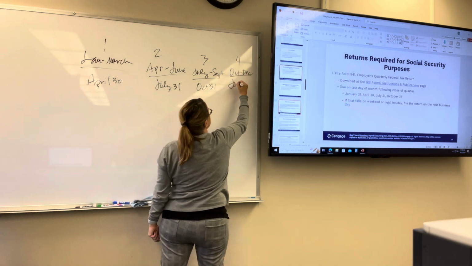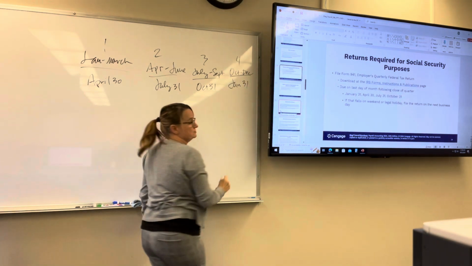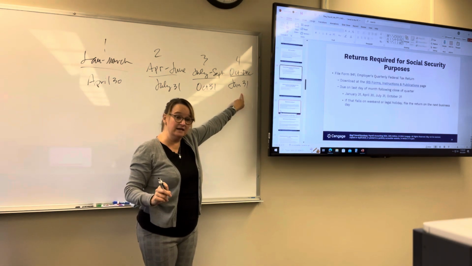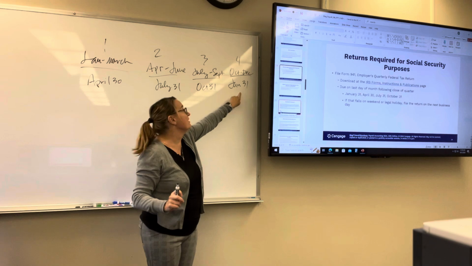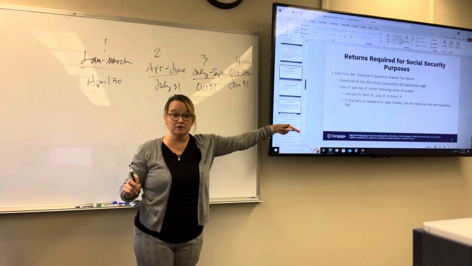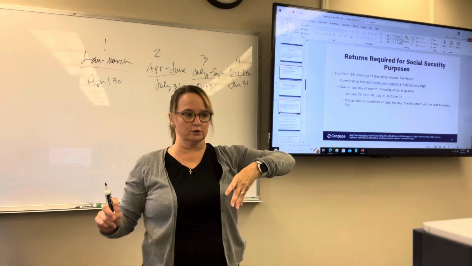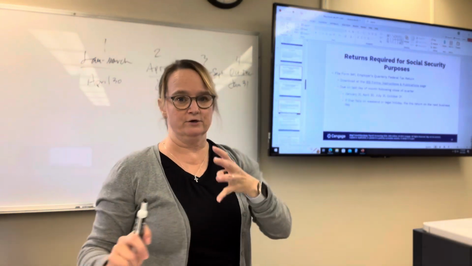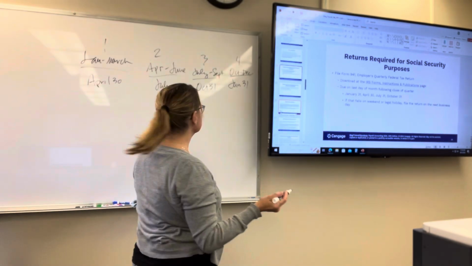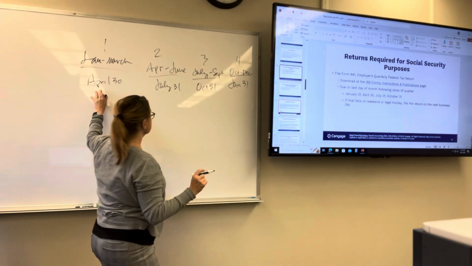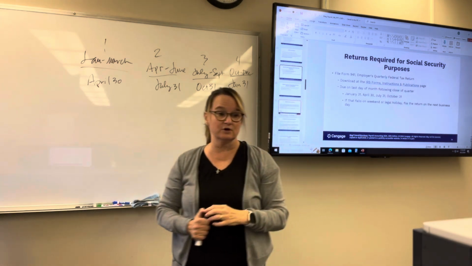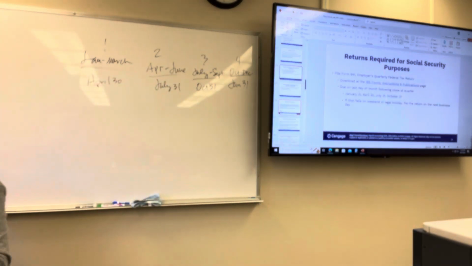This is the one that's due January 31st because it's the last day of the month that follows the end of the quarter. So yes, it's due the following year, but it's pertaining to that quarter in the prior year, okay? Does that make sense? I mean, it's pretty systematic that it's always going to be the last day of the month following the end of the quarter, and that's when these 941 forms are due.